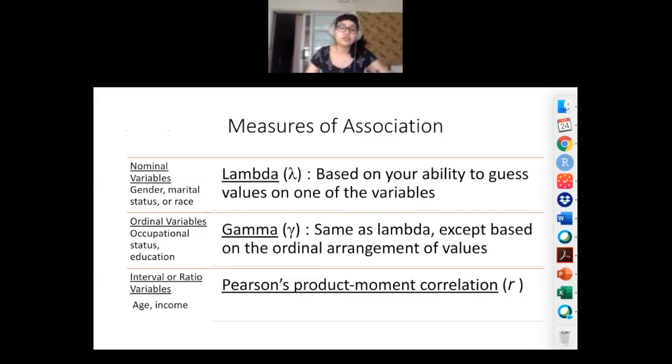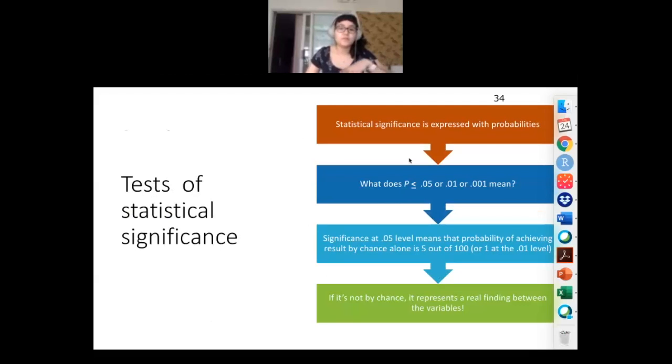And they determine the strength of the relationship, but you need to use different ones based off of what type of data you have. Whereas tests of statistical significance appear in every statistical model, and they determine whether or not your findings are likely to occur by just chance, like how valid your findings are in some sense.